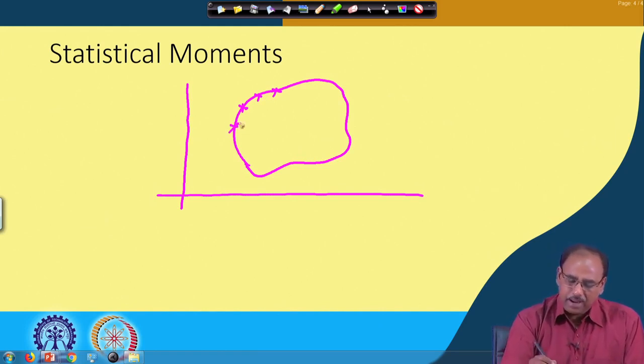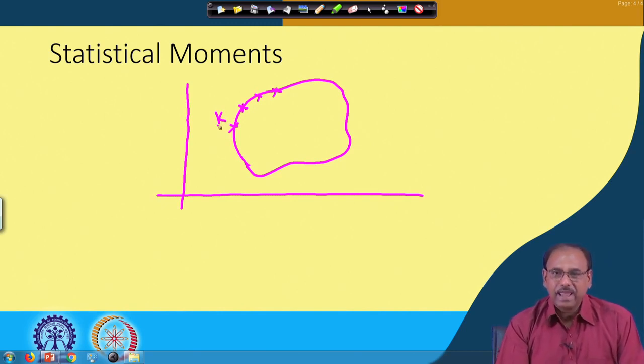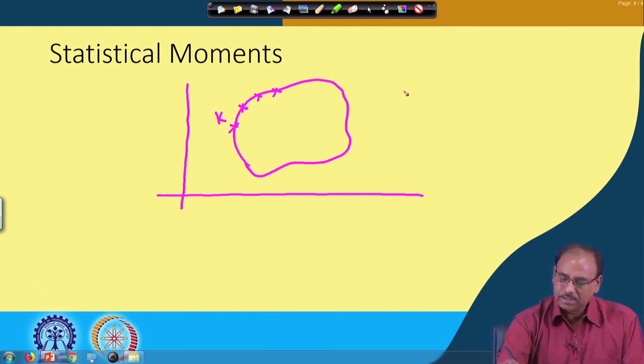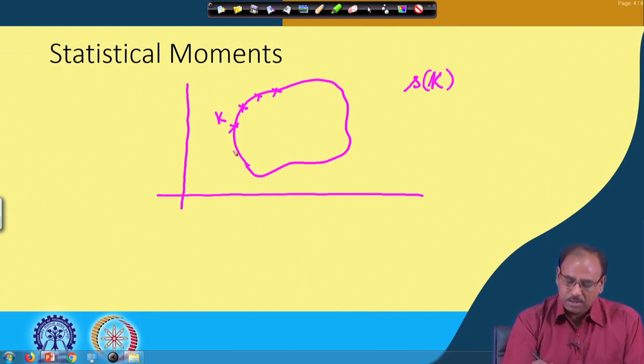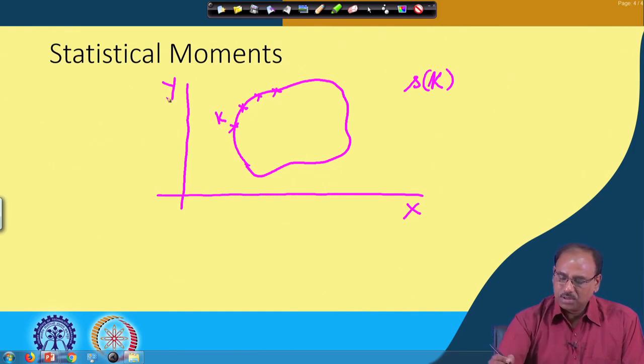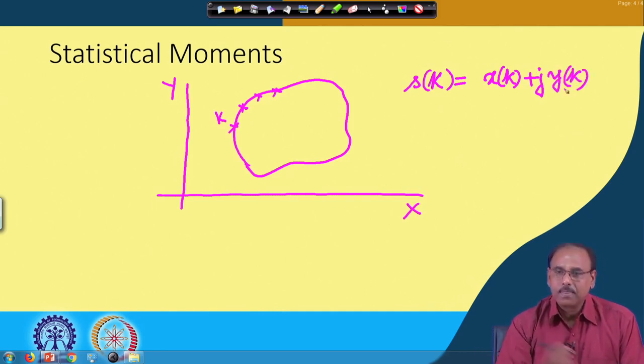So, I take any point, say kth point on this boundary segment, and this kth point I call it say Sk, which will have two components. One is in the x direction and the other one is in the y direction. So, this will have two components, xk, and I represent this as a complex number, j times yk.